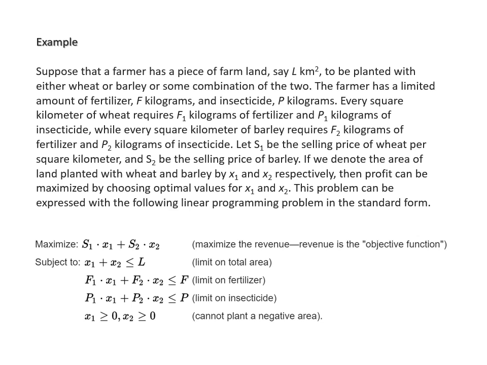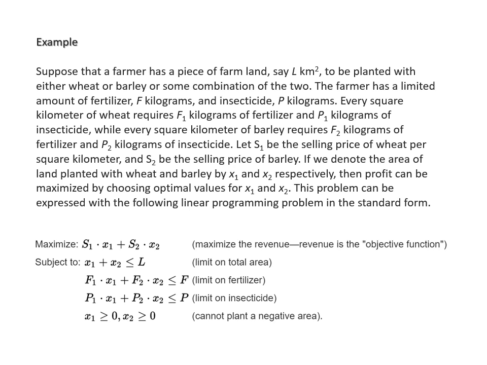And so we're trying to maximize the sum of x1, which is the amount of square kilometers of wheat we produce, times the selling price of wheat, plus x2, which is the area of barley that we plant, times the selling price of barley. So S1 times X1 plus S2 times X2. We are trying to find the values of X1 and X2 that maximize that function.